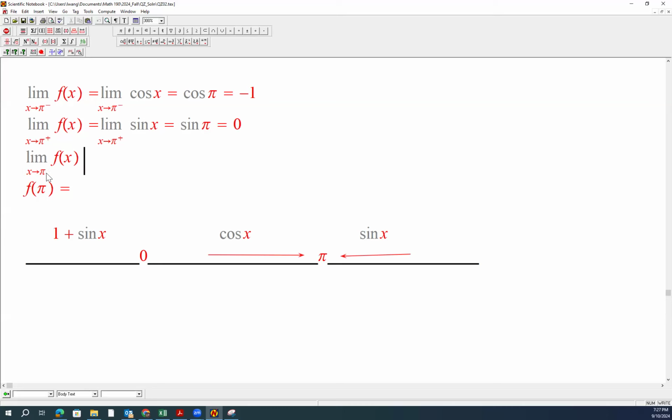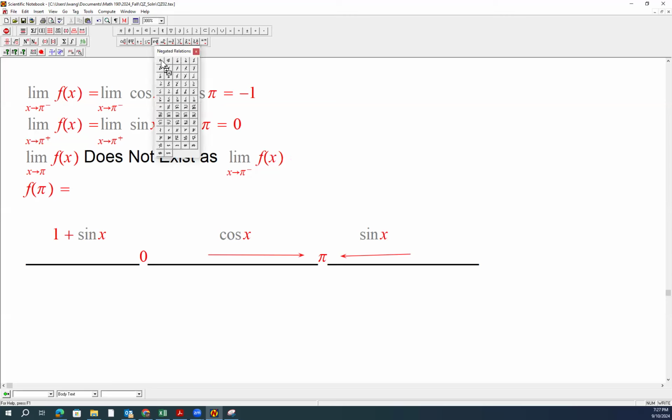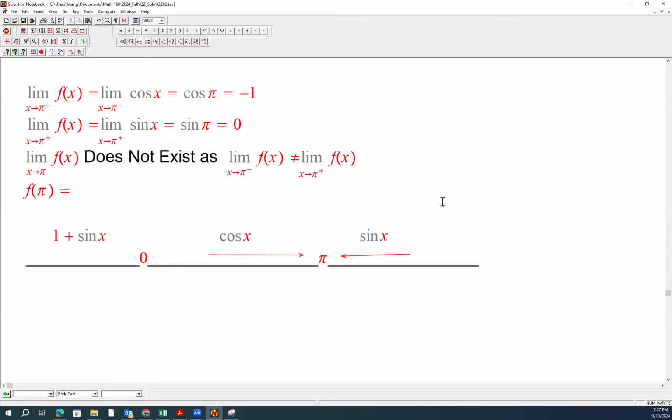So the limit at pi does not exist. You can mention the reason if you wish, even though it's so obvious. We just want to point out the most obvious to make our case. So that's the limit part. The limit at pi does not exist.